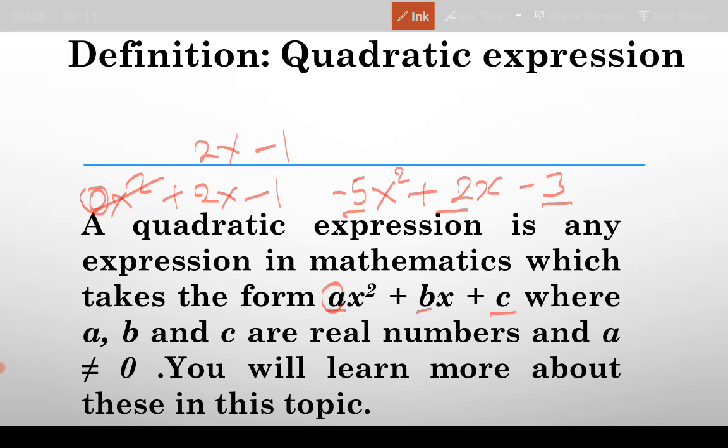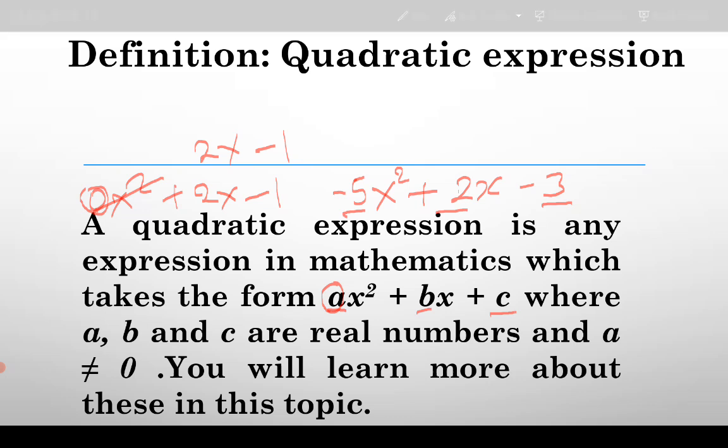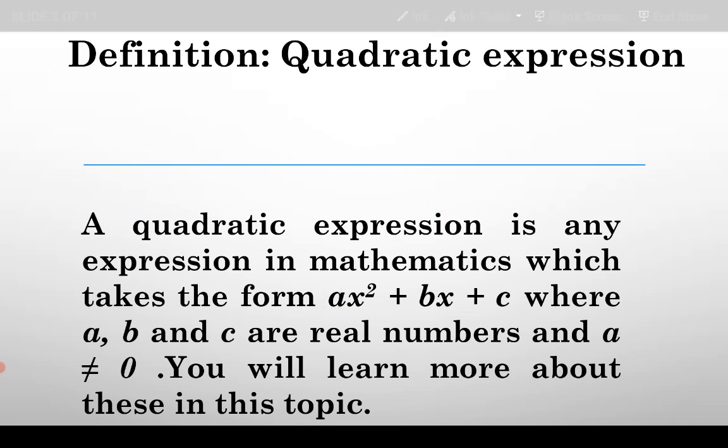So A should not be equal to 0, otherwise it will make x squared collapse to nothing. That's the definition of the term quadratic expression. Of course, your examiners will not ask you to define quadratic expression on paper.